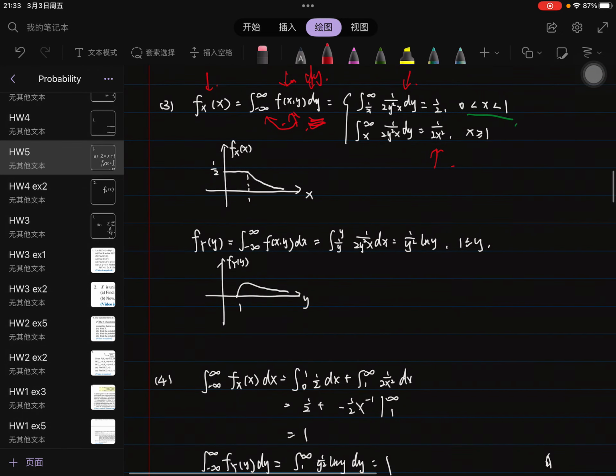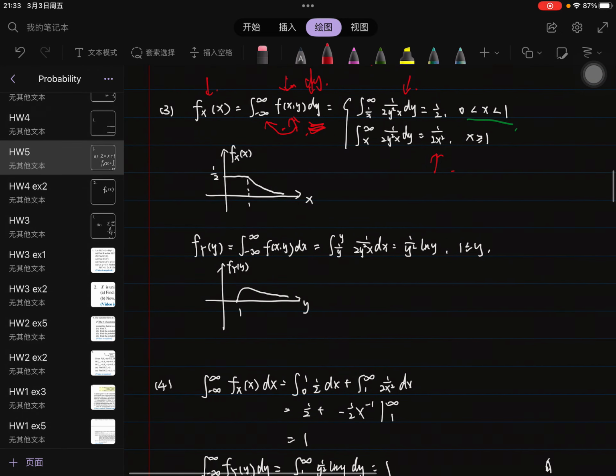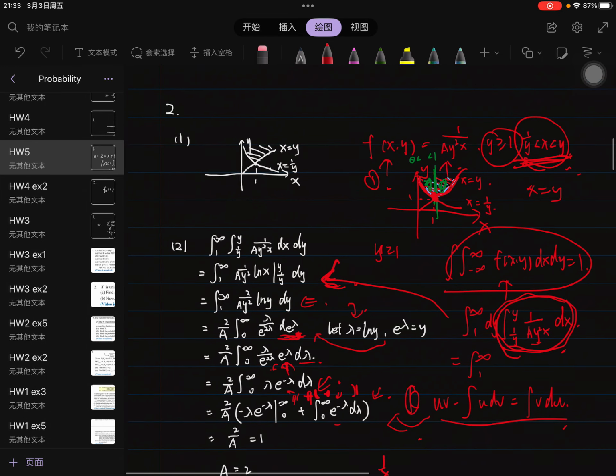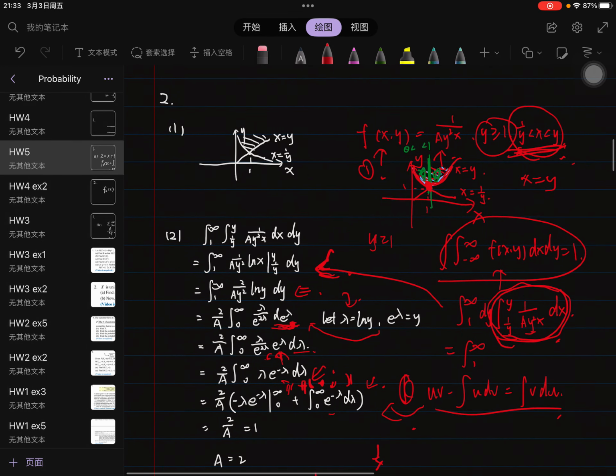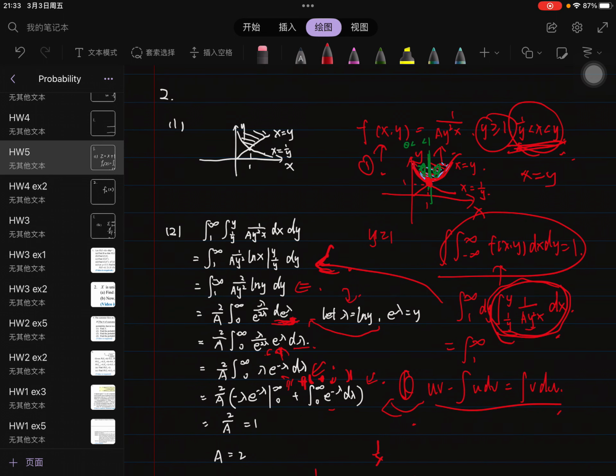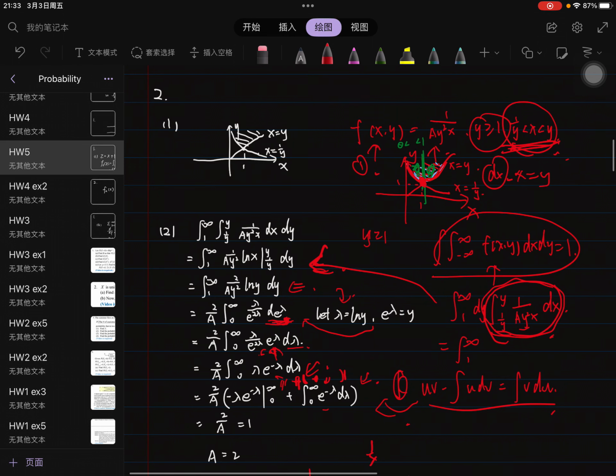For the density function of y, the definition is similar, but at this time we need to use dx. Also we can go back to the figure. Since we are integrating dx, we express x using y for the lower bound and upper bound.